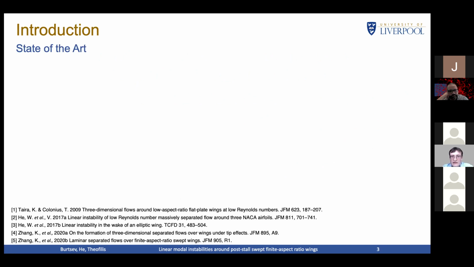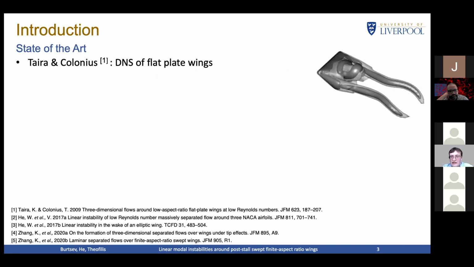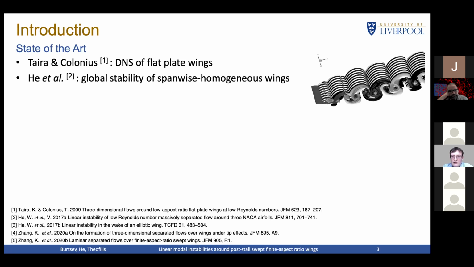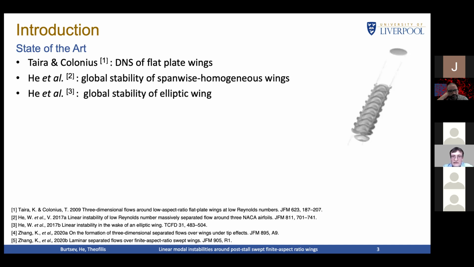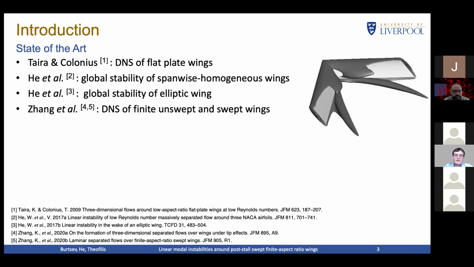Our work builds upon the previous efforts of Tyra and Kalonius, the global stability analysis of He et al., who considered both span-wise periodic as well as three-dimensional elliptic wings, and especially the recent publication with our colleagues from UCLA on swept and unswept wings. Their recent findings unraveling complex vortex dynamics over these geometries set the scene for what we do here.